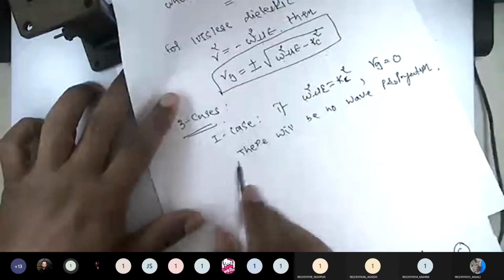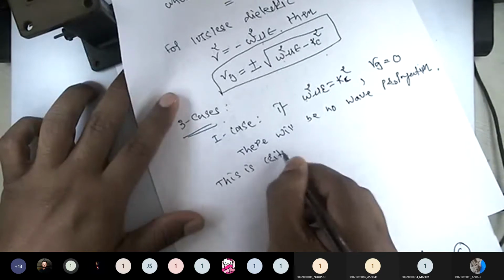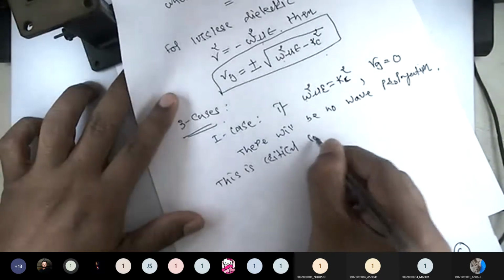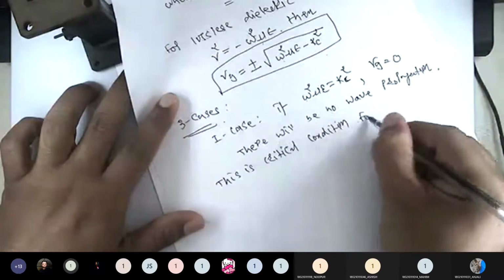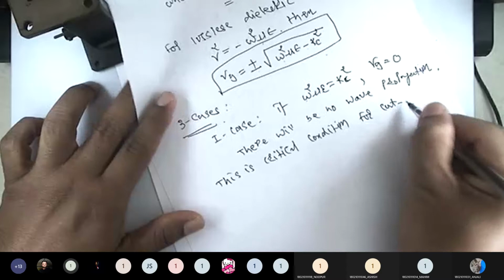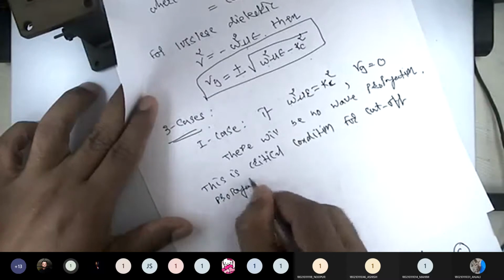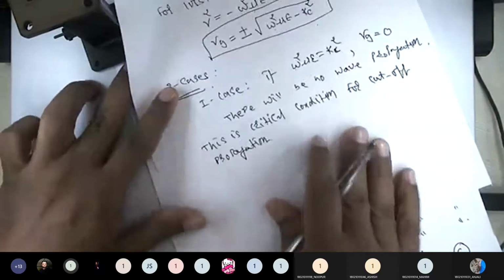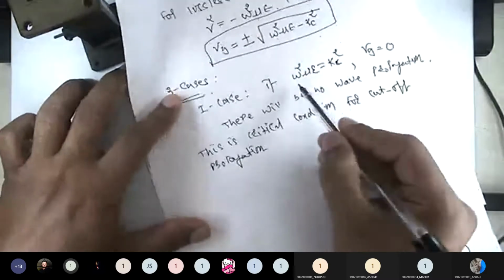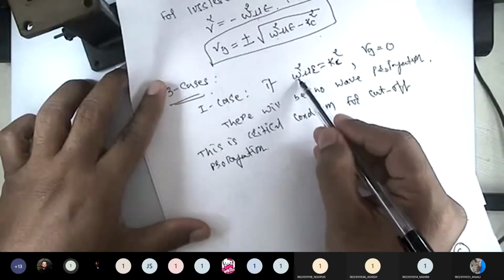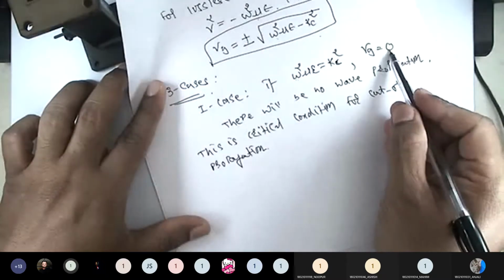So this is the critical condition for cutoff propagation. Here we are trying to find the frequency at which gamma g will become 0.